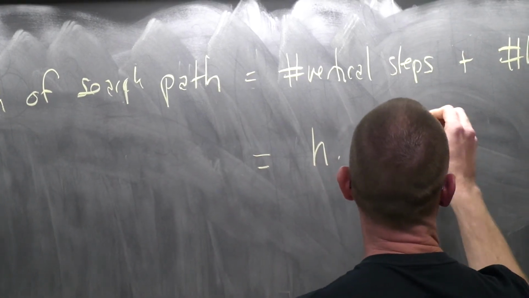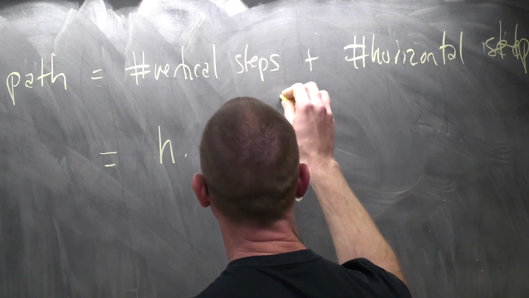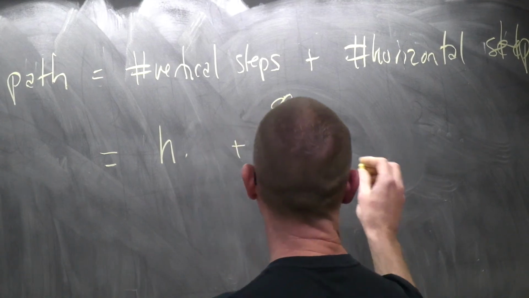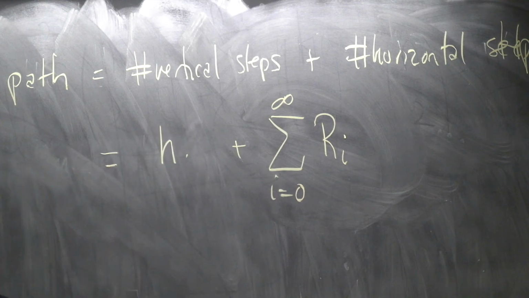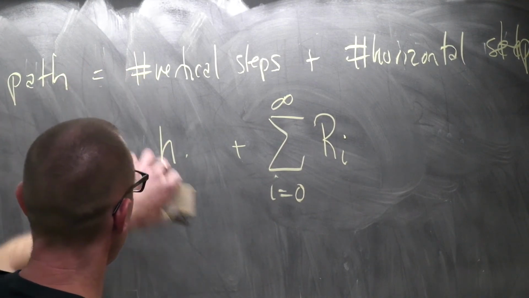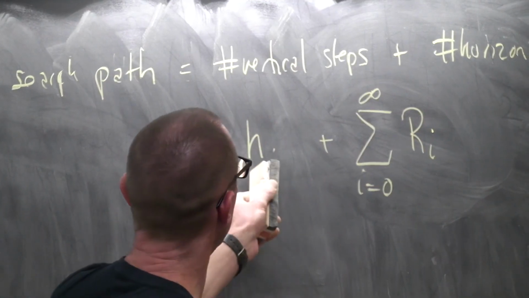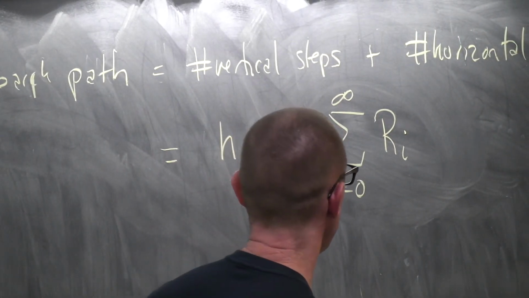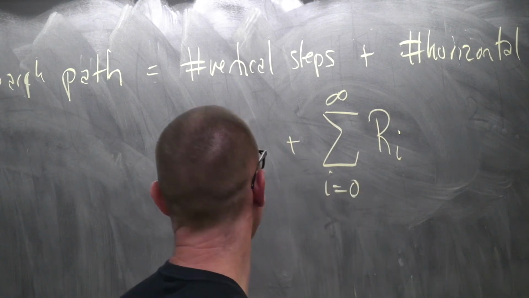The number of horizontal steps, we have names for those. Those are called r sub i's. Okay? So this is where we've gotten to so far. The length of the search path is number of vertical steps plus horizontal steps. Vertical steps is called h. Horizontal steps in list I is called r sub i, so we sum that over all the values of I.